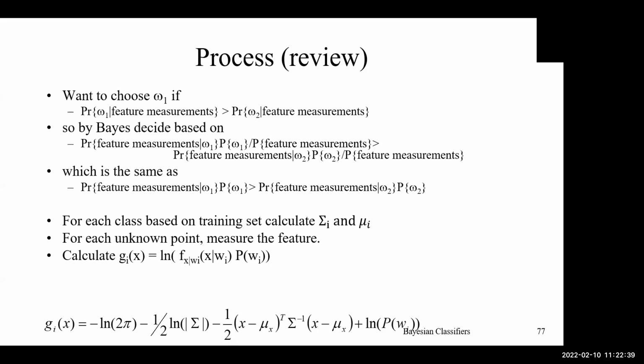You're going to want to have some notes on this. Even if I post these, you're going to want to have some of your own notes. And when you take that log, you wind up with this equation at the bottom.